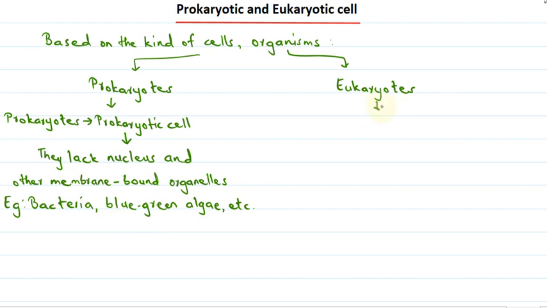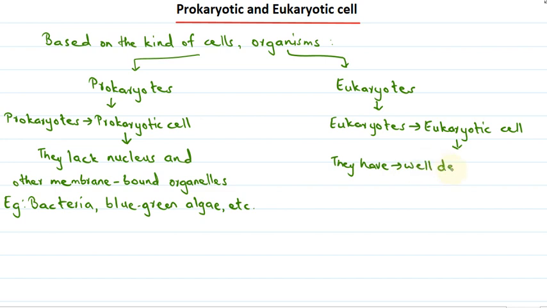Alright, then let's talk about eukaryotes. Now these eukaryotes are those organisms that have eukaryotic cell, and in their cell, they have a well-defined nucleus, and they also have all the membrane bound organelles.